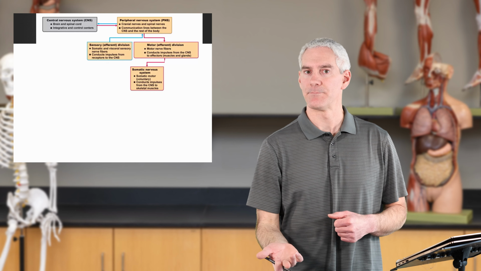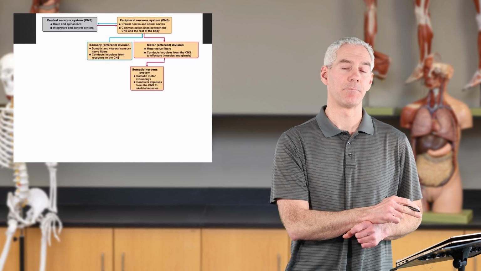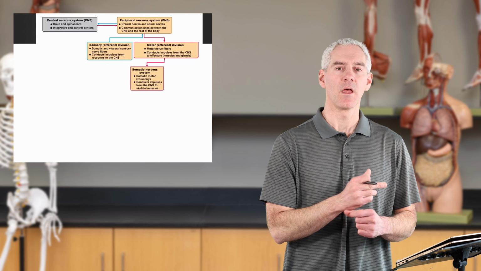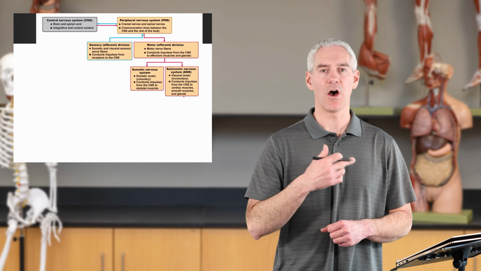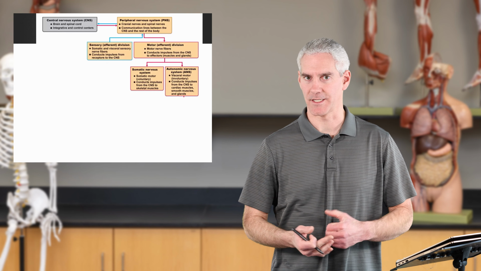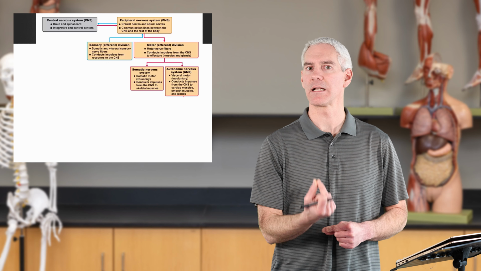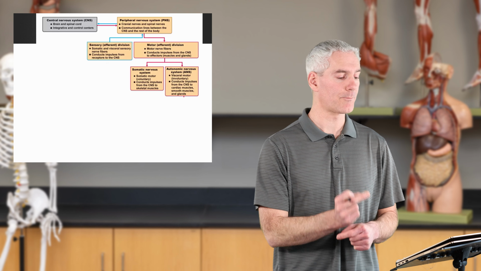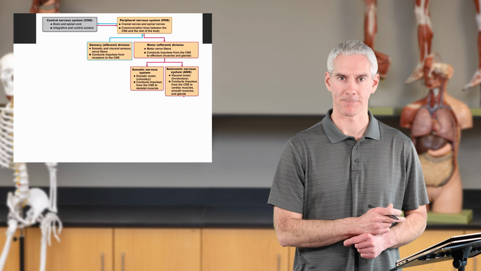All right, break down that motor division or the efferent division. You have the somatic nervous system. Think muscles, control, voluntary. And the autonomic nervous system. Think your organs, involuntary. Both somatic nervous system and autonomic nervous system are part of the motor division, the efferent division.